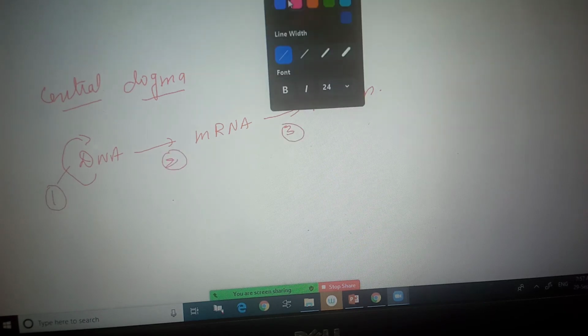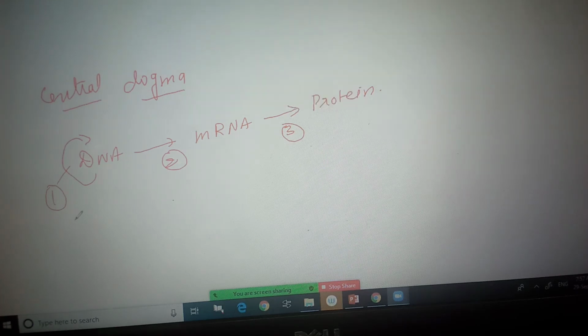The first step is called DNA replication. DNA can replicate by itself, self-replication. Second, the information from DNA is copied or transferred to mRNA. That process is said to be transcription. And mRNA plays an important role in protein synthesis. That step is said to be translation.